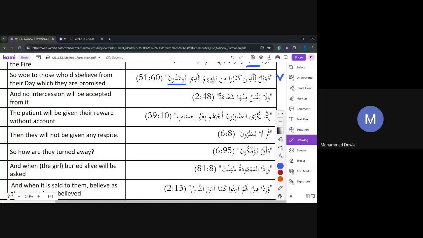Fawailul lillazina kafaru min yaumihimul lazi yu'aduna. Fawailul. Anything here? No, nothing. Marked, which is the very last one, the underlined one.